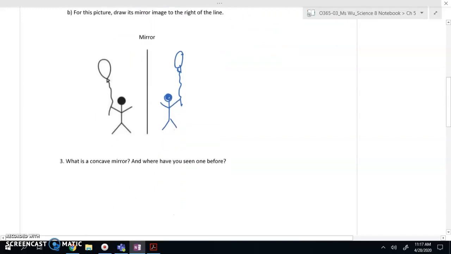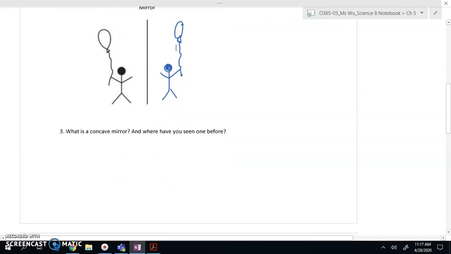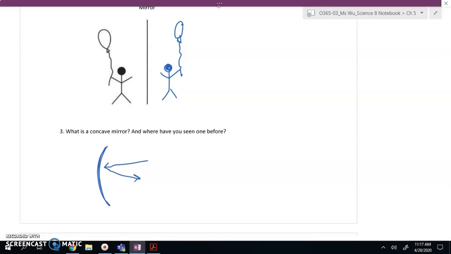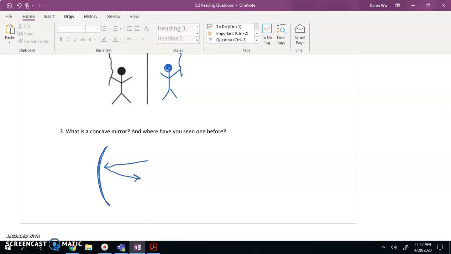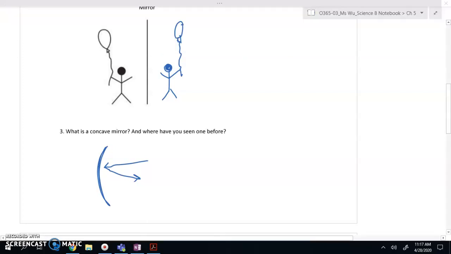Moving on to question number 3, what is a concave mirror and where have I seen this before? So if we have a mirror and we have light bouncing, got it bouncing the wrong direction, didn't I? There we go. So this is the shiny side. Let me see if I can maybe get a highlighter to highlight the shiny side. There we go. Where have I seen that before?